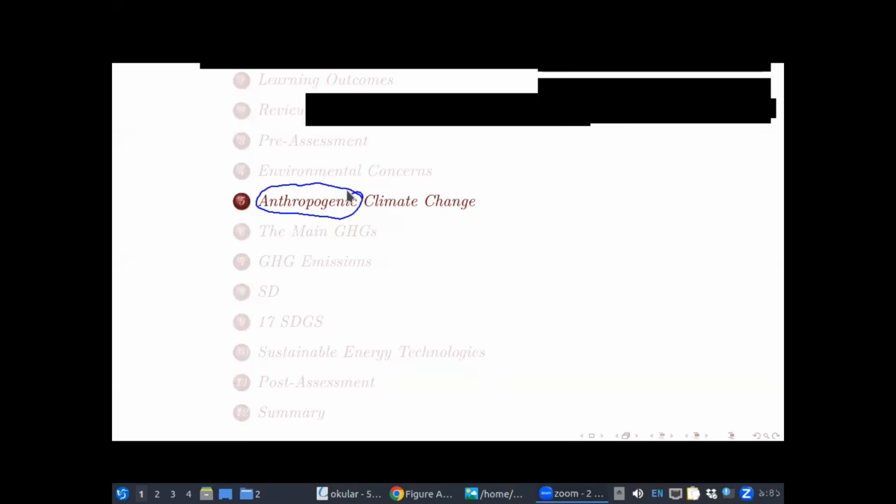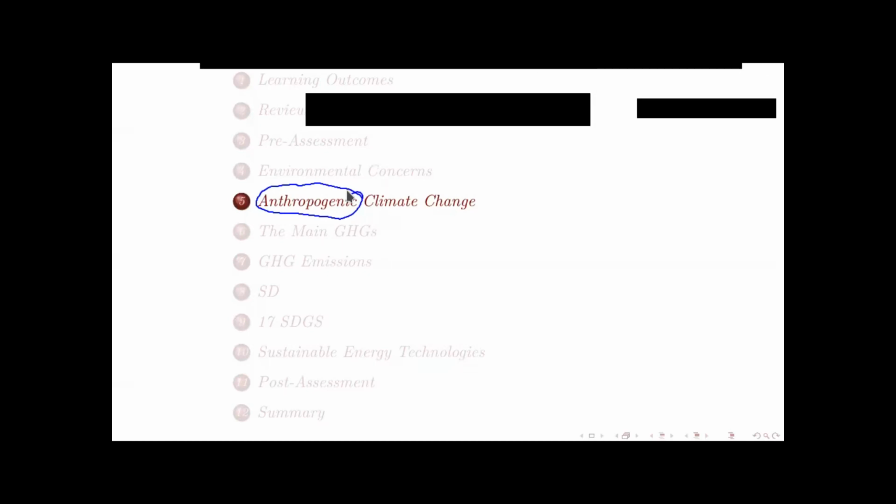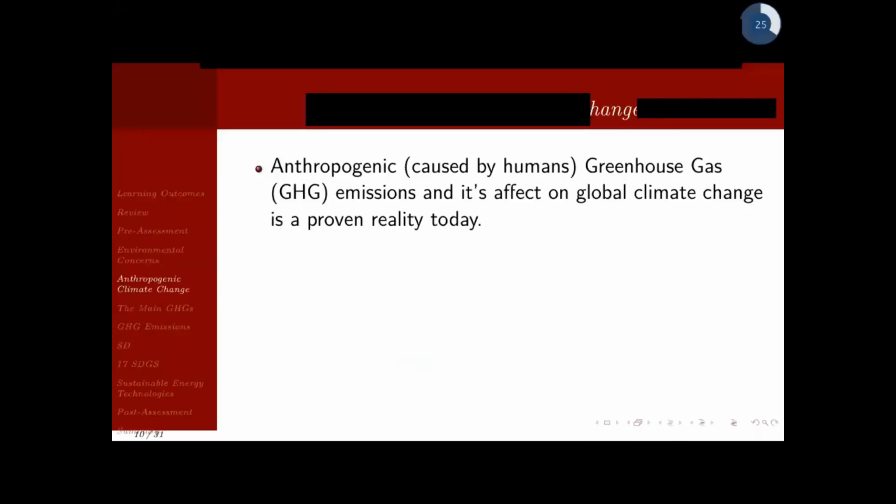There is a subject, anthropology. What does it mean? Yes. Sir, climate change by human activities. Yeah, due to human activities. We're not talking about climate change here, just the word anthropogenic. Anthropogenic means caused by humans.